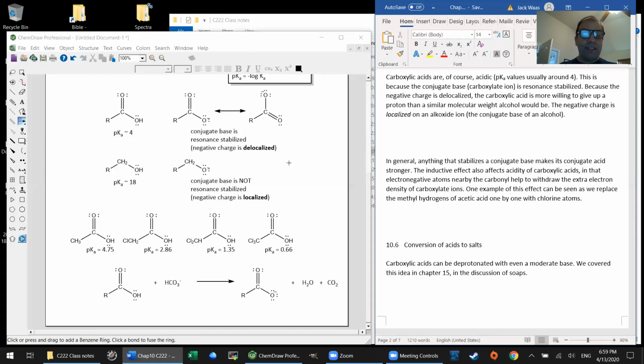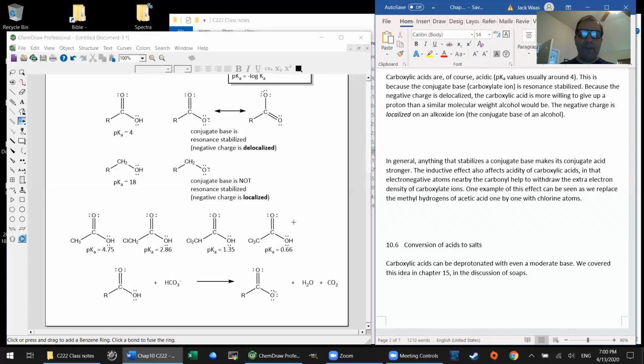And so it's not at all similar to resonance. It's not at all resonance. But the effect is similar to that of resonance in that it's spreading out the minus charge in the conjugate bases, in the carboxylate ions. And so as you change hydrogens to chlorines, that makes the corresponding acids, which we see here, stronger and stronger.